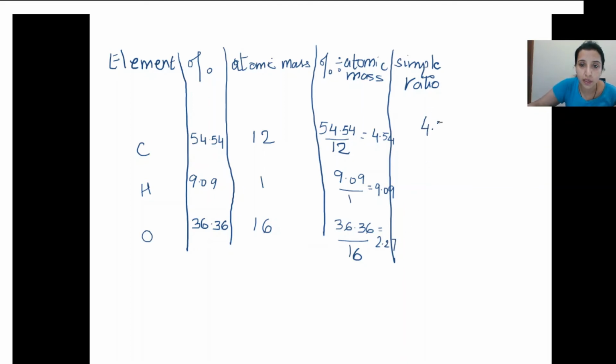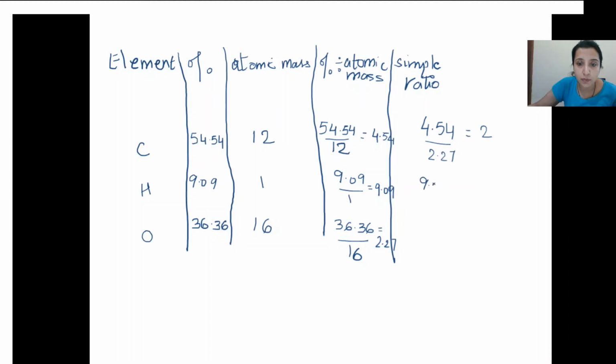Students, can you let me know out of 4.54, 9.09, 2.27, which is the smallest number? Yes, you're correct. That's 2.27. So 4.54 divided by 2.27 will come out to be 2. If I do 4.54 divided by 2.27, that exactly comes out as 2.